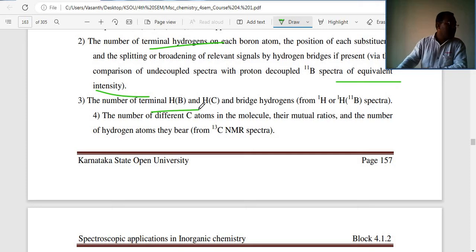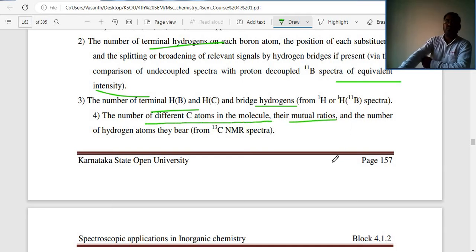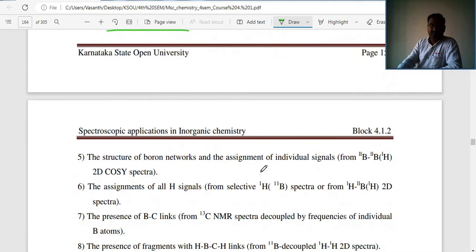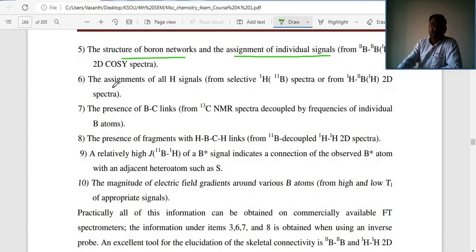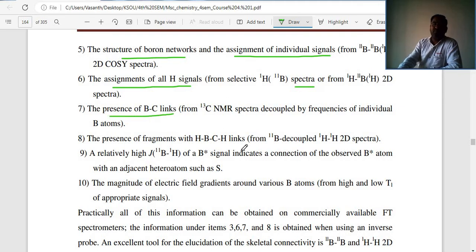The number of terminal and bridge hydrogens, the number of different carbon atoms in the molecule, their mutual ratio, and the number of hydrogen atoms they bear. The structure of boron networks and the assignment of individual signals, the assignment of all protons, spectra, the presence of boron-carbon links, the presence of fragments with HBCH links.